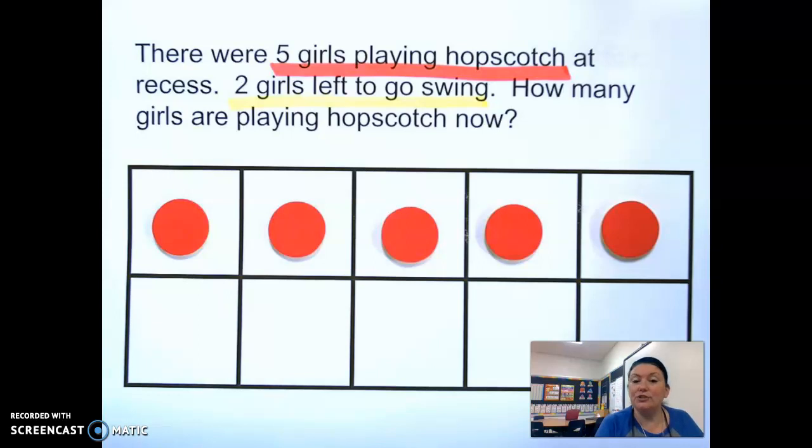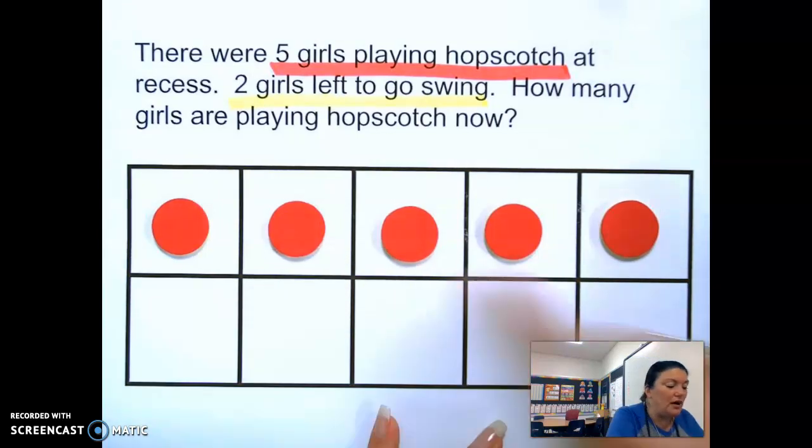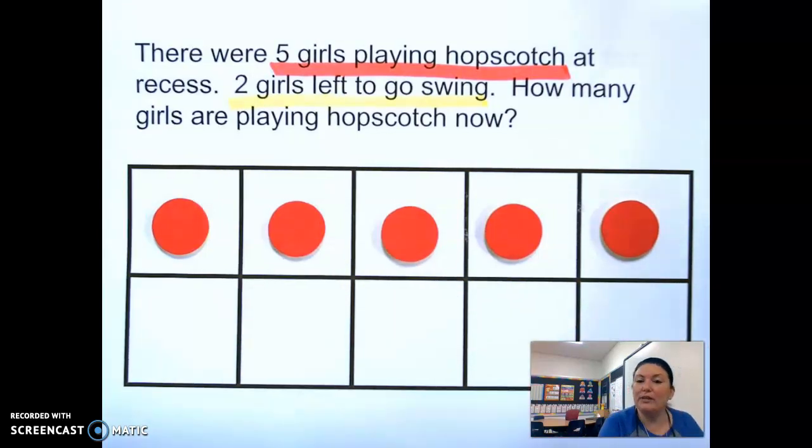I didn't have to do that because if you remember, just like we talked about in our addition lesson, the top row of our tens frame has 5 places. So I already knew that I just needed to fill up that row if I wanted to represent my 5 girls playing hopscotch.